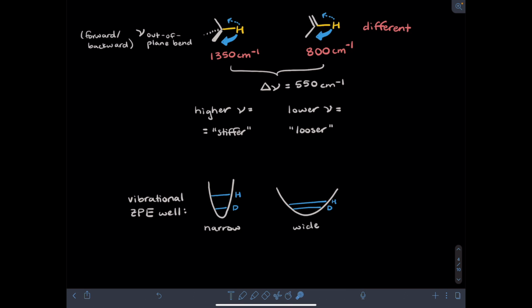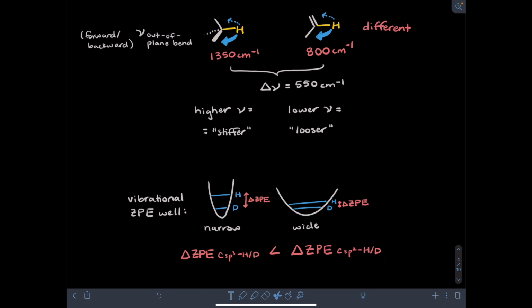And for the looser, lower frequency out-of-plane bend for the sp2 hybridized carbon-hydrogen bond, you can think about your vibrational zero-point energy well as being wide and shallow. For the narrow energy well, there is a larger difference in zero-point energies compared to the zero-point energy difference between hydrogen and deuterium for the wider well.